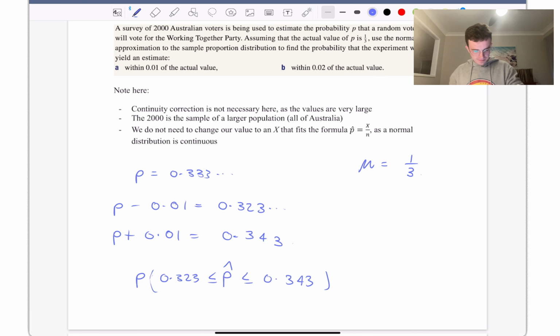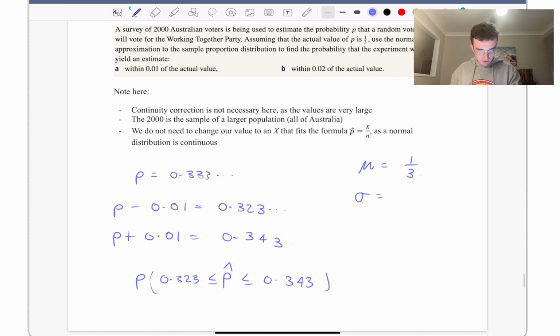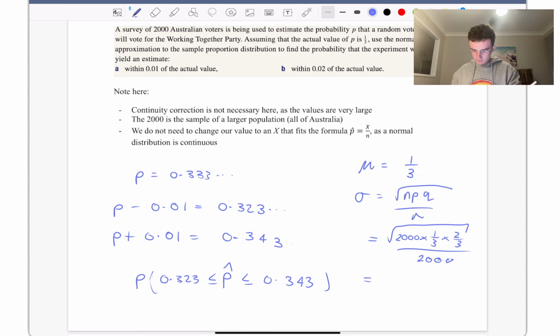And the standard deviation, do we know the standard deviation? It's equal to the square root of pq on n, which is equal to the square root of 1 on 3 times 2 on 3 on 2,000, which is 0.0105.